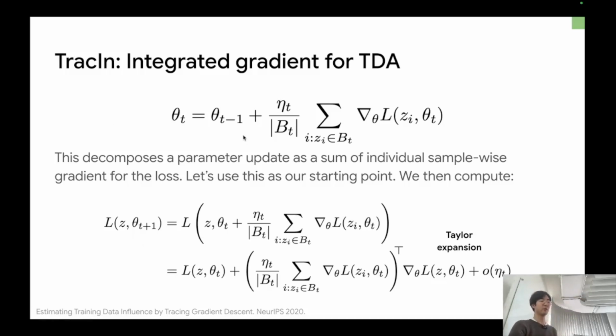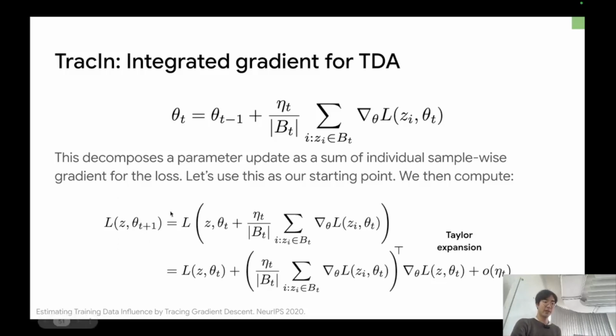And this is only decomposing the parameter into different training points. So here again, we can use the chain rule from the training data in a batch to the parameter update, and then to the loss value as a result of the parameter update. So we use the same trick again, chain rule and Taylor expansion.